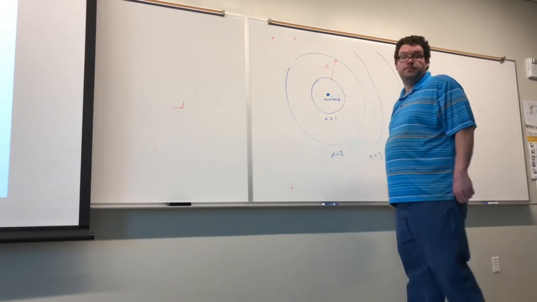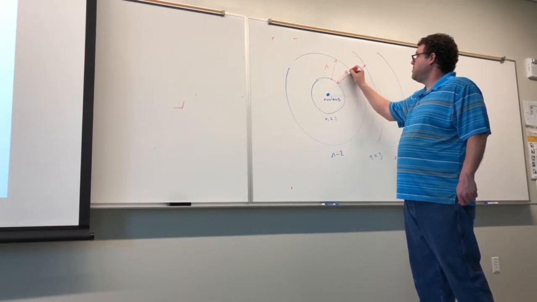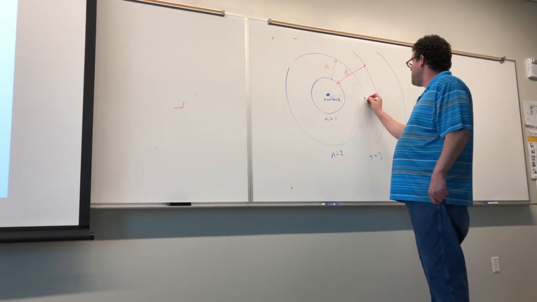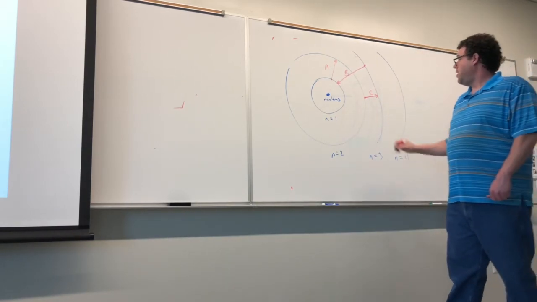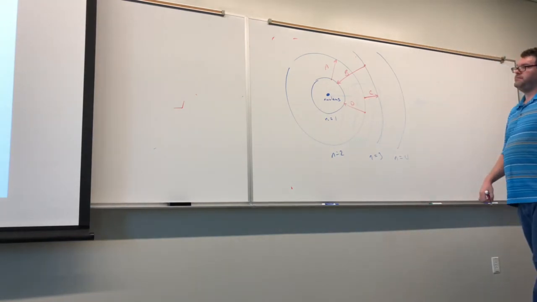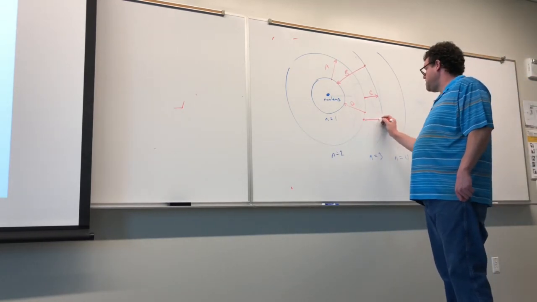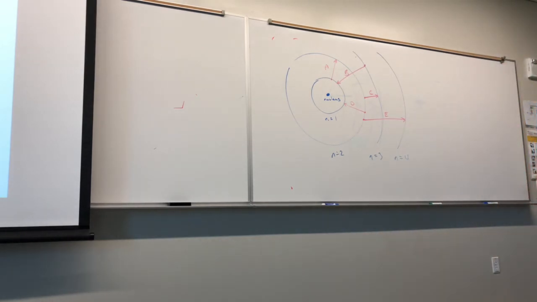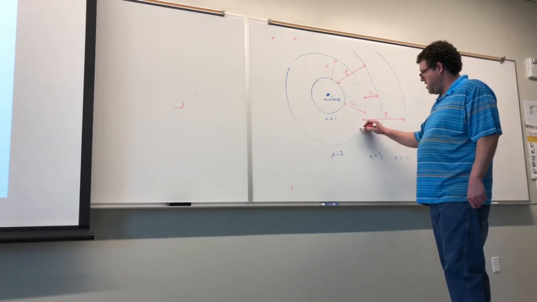We'll call that A. I'm going to have a transition here to here. We'll call that B. I have a transition here to here. I'll call that C. I'll have a transition here to here. We'll call that D. I'll have a transition here to here. We'll call that E. And we'll have a transition here to here. We'll call that F.